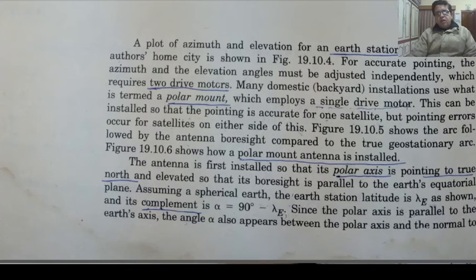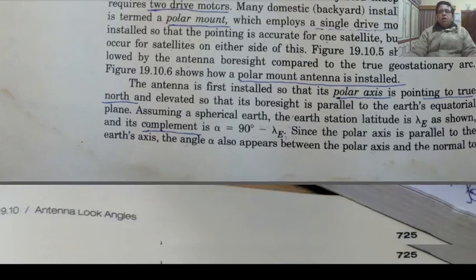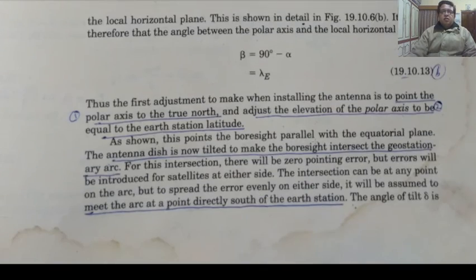This can be installed so that the pointing is accurate for one satellite, but pointing errors occur for satellites on the other side of this. Figure 19.10.5 shows the arc followed by the antenna boresight compared to the true geostationary arc, and figure 6 shows how a polar mount antenna is installed.